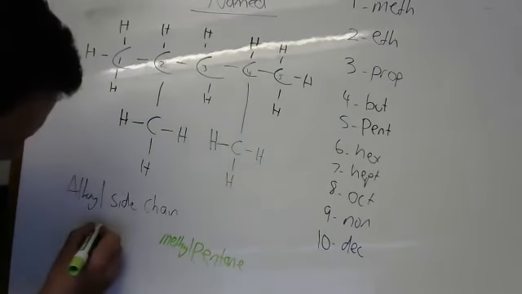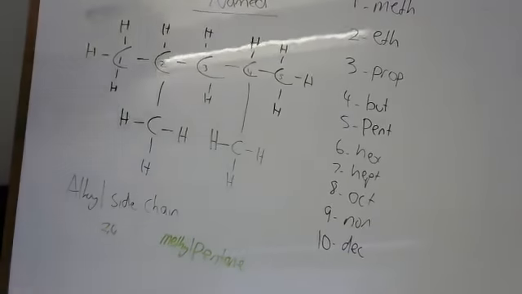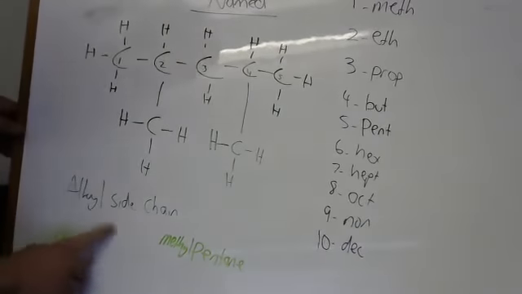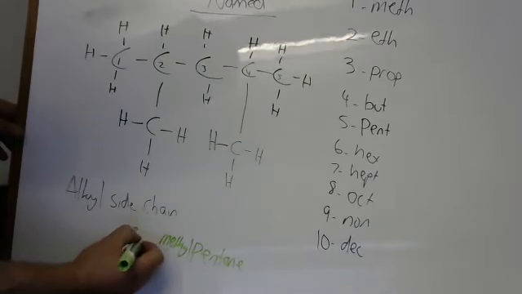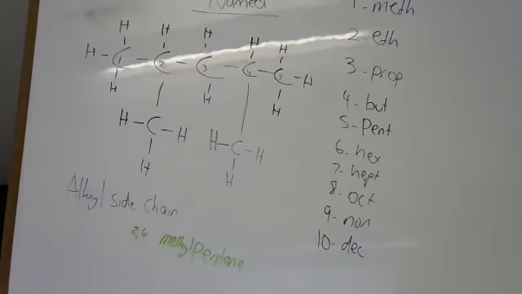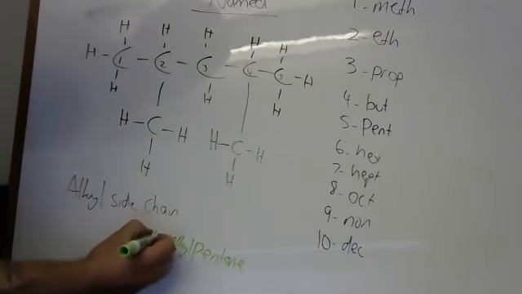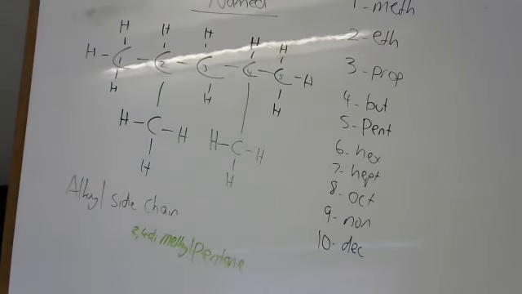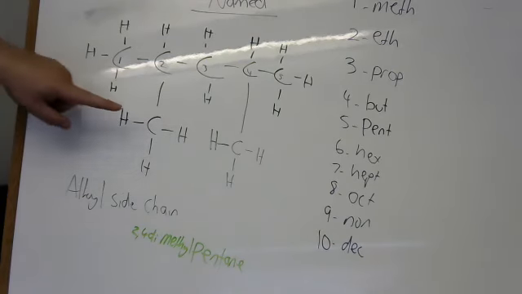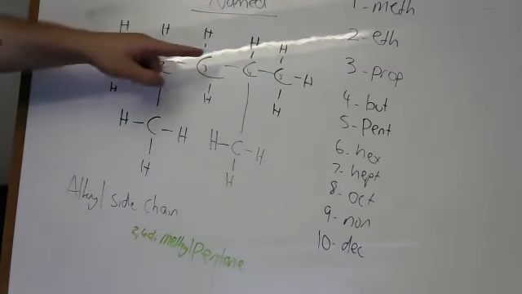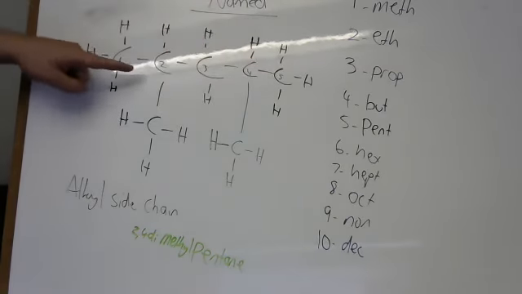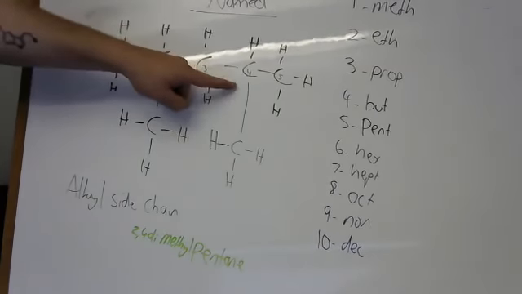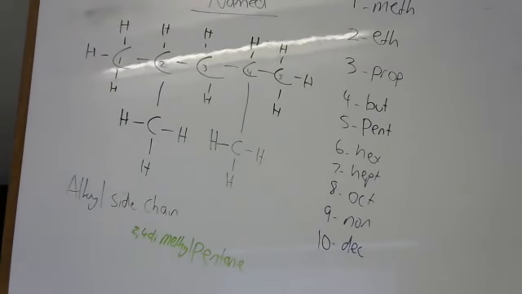So 2 and 4 go over, actually, they should go there. 2,4-dimethylpentane. Di tells us that there are 2 methyl groups attached to a 5-carbon backbone, 1 coming off carbon 2 and 1 coming off carbon 4.